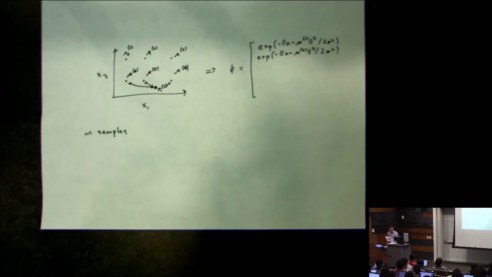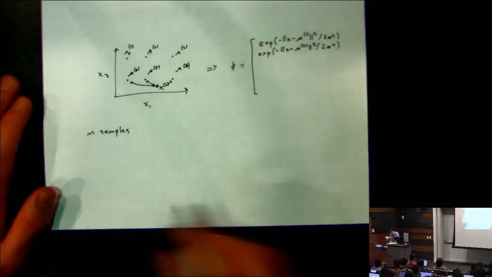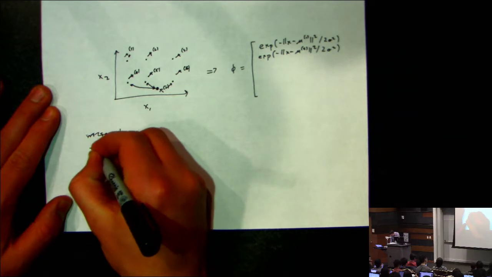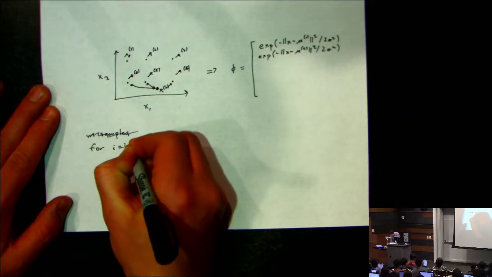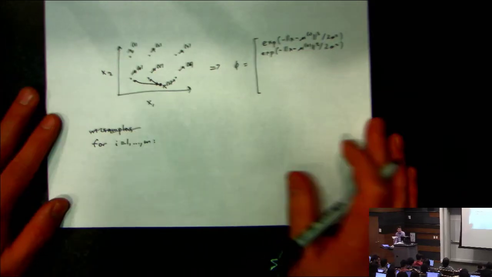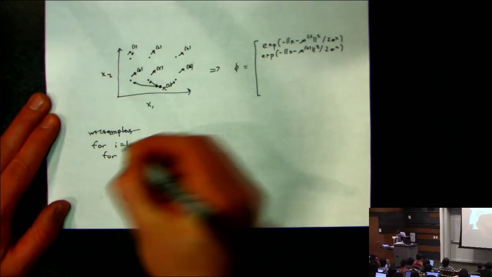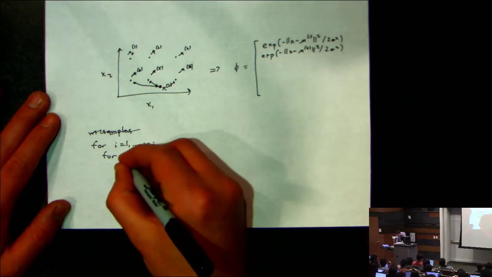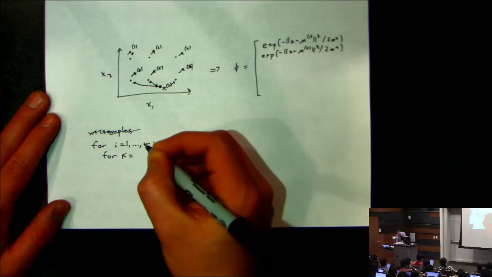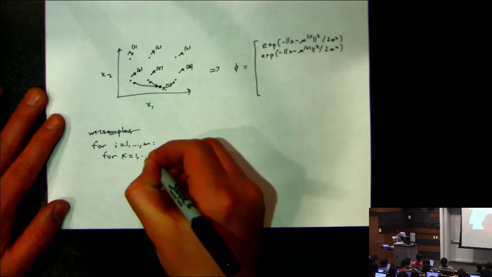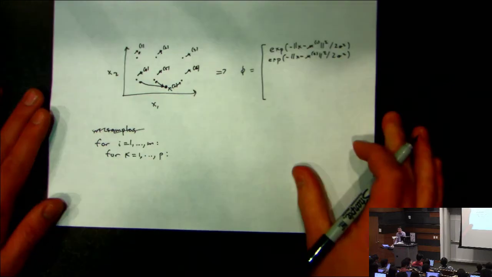So you are correct. Basically, the loop here looks like the following. It's for i in 1 to m, that's looping over all my samples, and then for, which letter should I use here, I have k, I know i meaning something else, but whatever, for k equals 1 to p. So this is over all our centers.